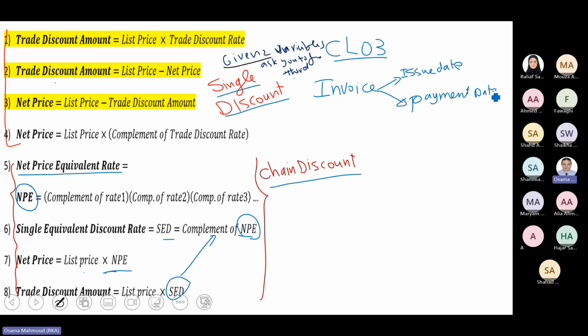Why is that? Because in the invoice, he's telling you such notation. You will get, say, 5% if you pay within 10 days, right? What does this mean? 5% if you pay within 10 days.